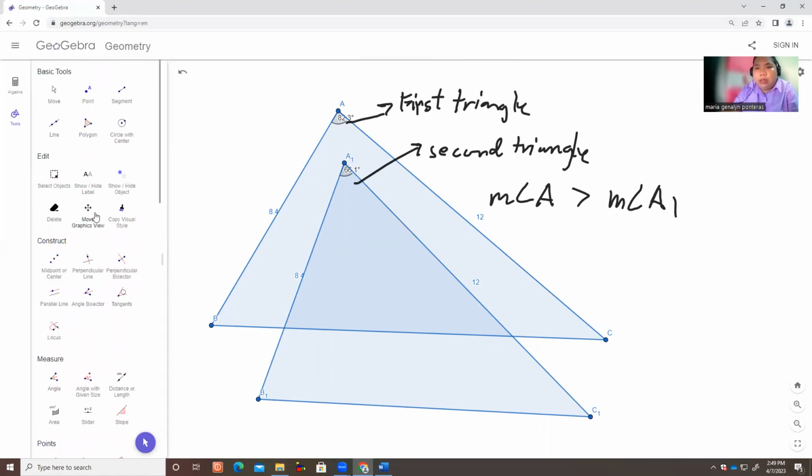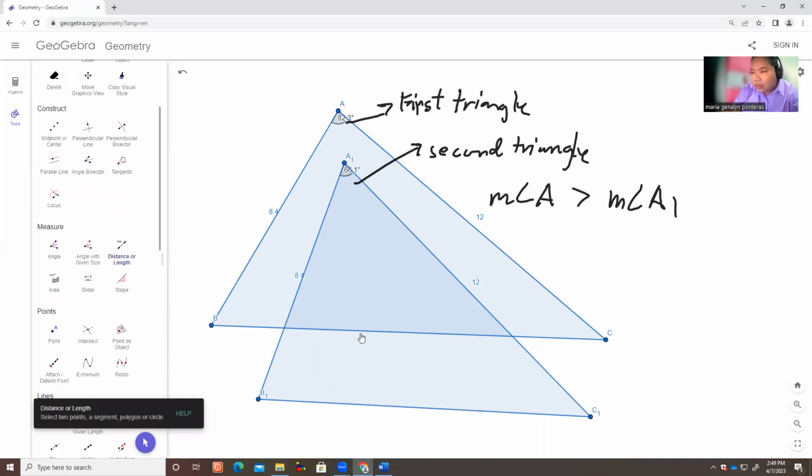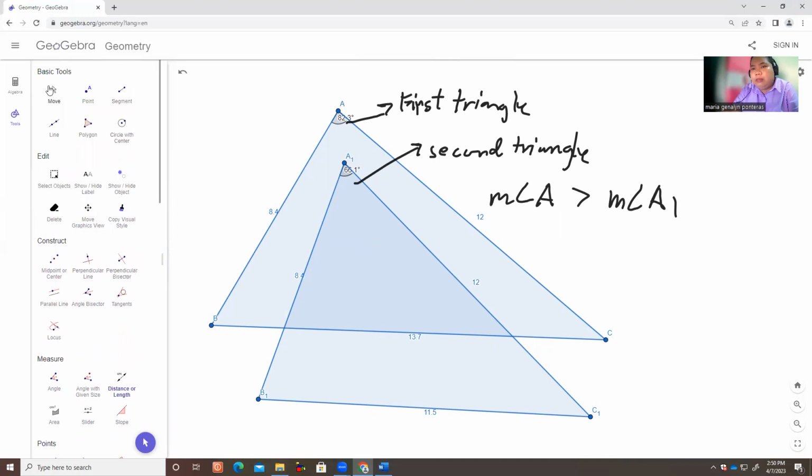So, bigyan natin ng label. Distance or length. So, the third side now, ganun din, lumiit din siya. Yun din yung effect.